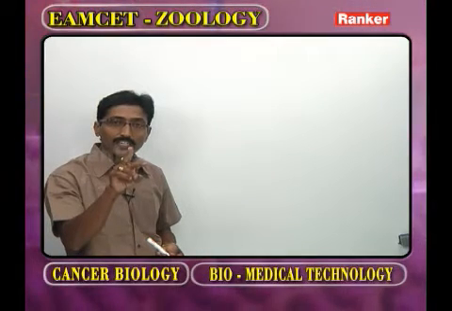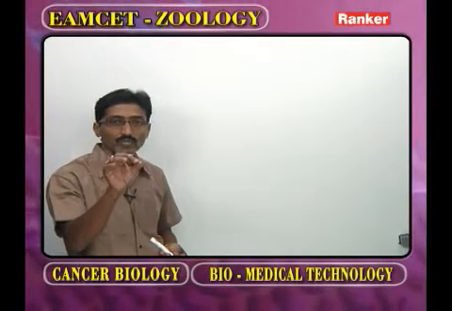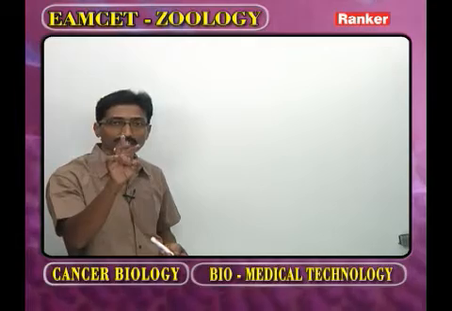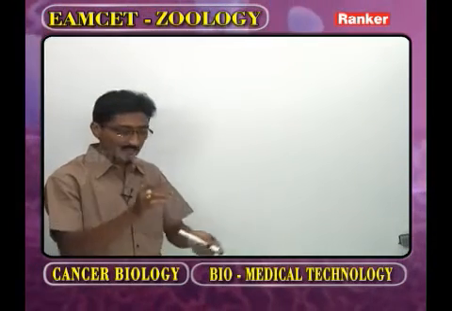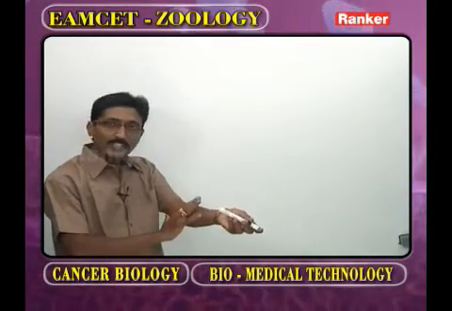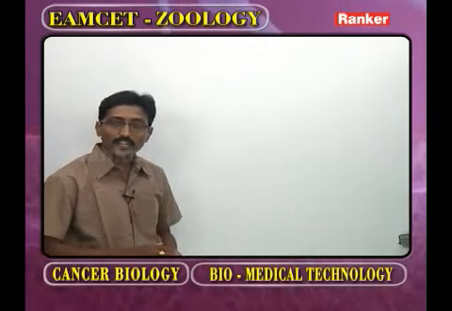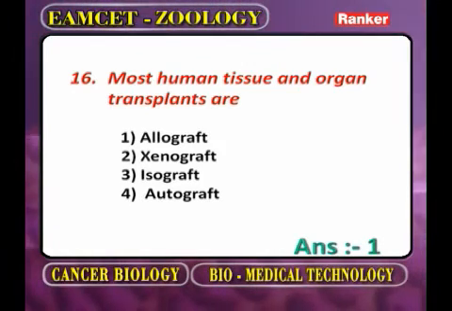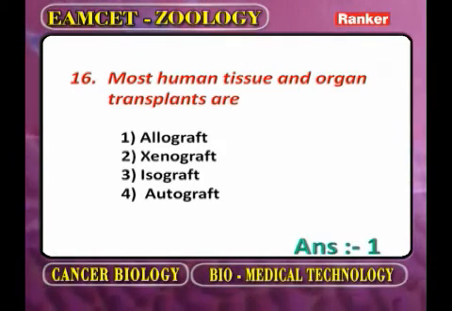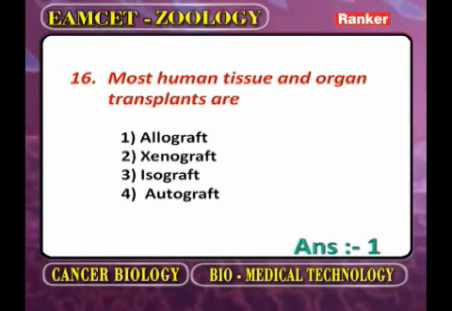Genetically identical, isograft, generally taking place in twins. What about the autograft? In one person, the transplantation takes place. Now here we are asking, most human tissue and organ transplants are. The answer is allograft. That is a transplantation between non-identical individuals of the same species.